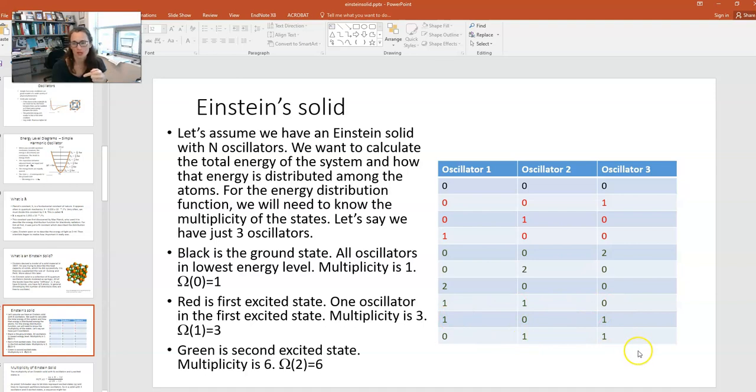Okay, so 2 excited states has a multiplicity of 6 because there are 6 possible ways that can be done. So omega of 2 is equal to 6. Okay, so I'm not going to go any further with this. This is as far as I'll go right now, but I hope you get the gist of what I'm saying here. Okay? As you go up, as you have more and more excited states, the multiplicity will grow, right?